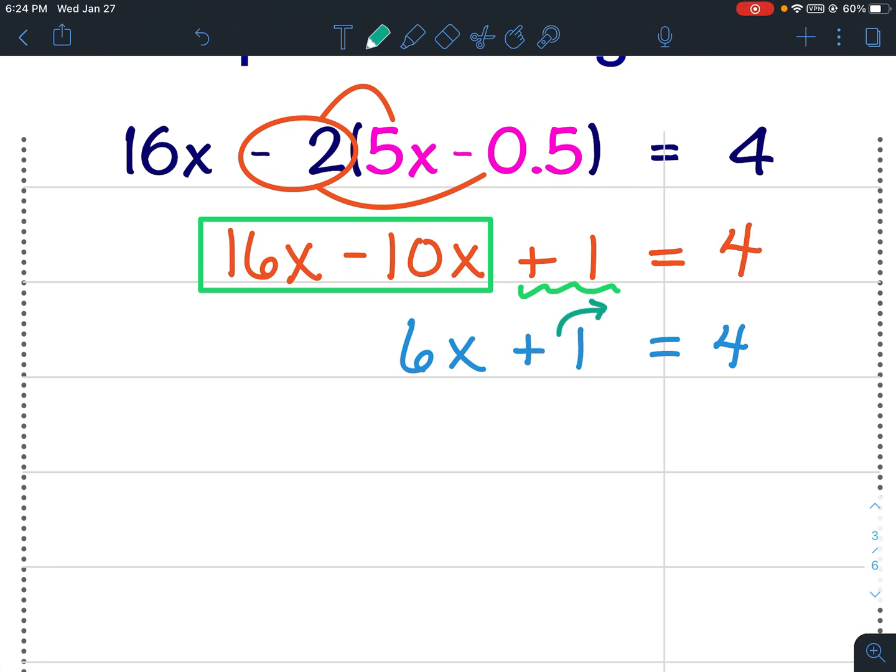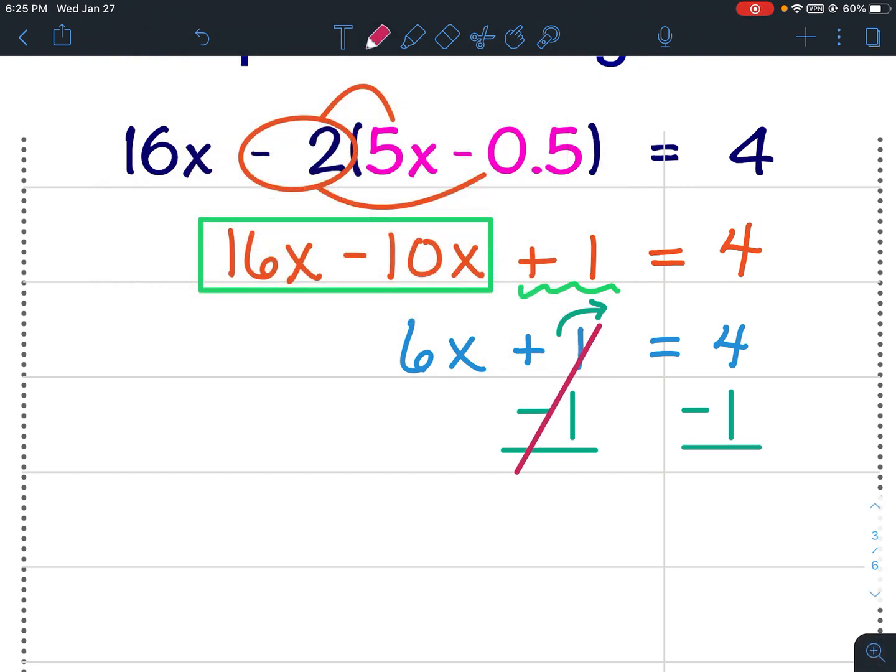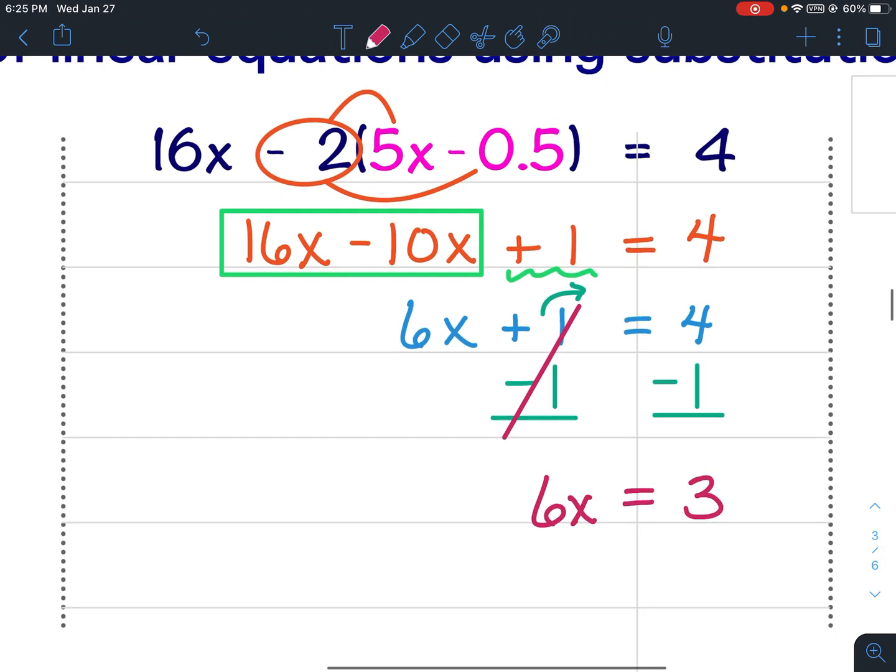Since it is a positive 1, I'm going to subtract 1 from both sides. There we go. The 1's cancel. So 6x equals 3.